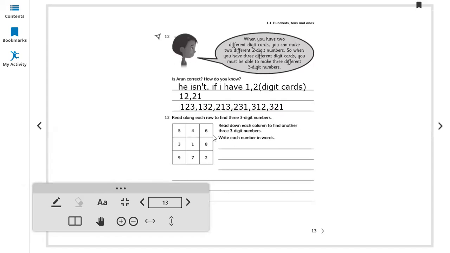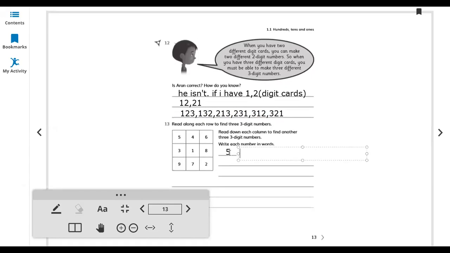If we are moving across, we have 546, and the second one 318, and the third one 972.